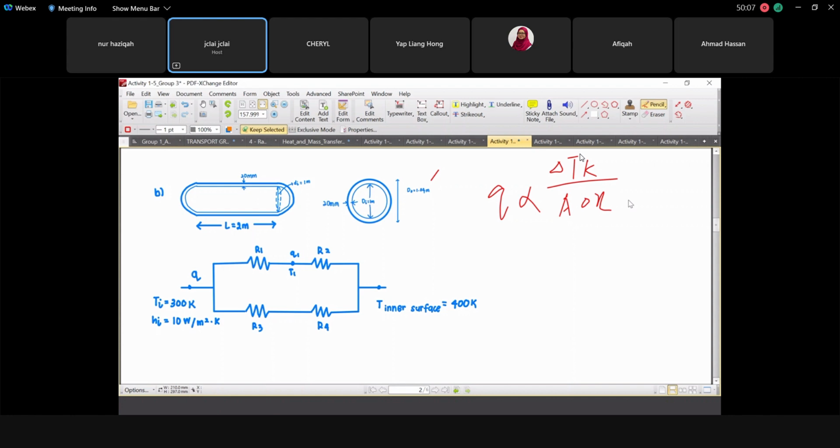If you compare a cylinder and a sphere, the explanation of Liang Hong is correct, because the geometry is different. For a flat plate, it is easier because the surface area is the same, so it is easier for us to understand.